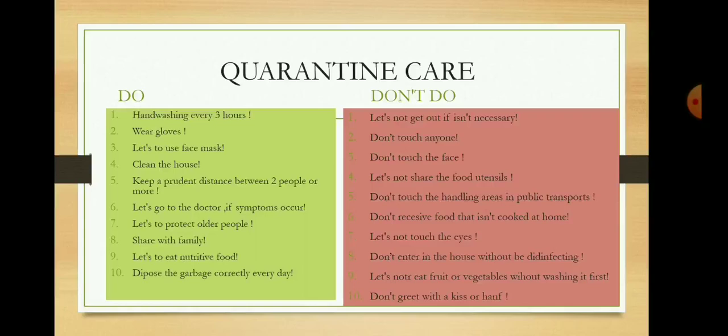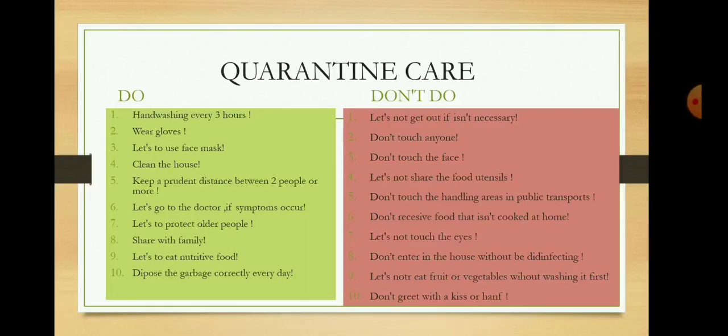Keep a prudent distance between two people or more. And now, in negative form, it's: let's not go out if it isn't necessary. The imperatives use let's or don't in negative form, and in positive form use let's or only the positive form.